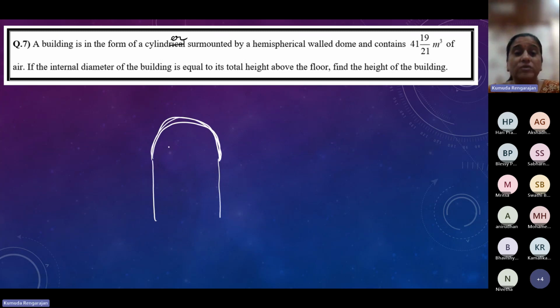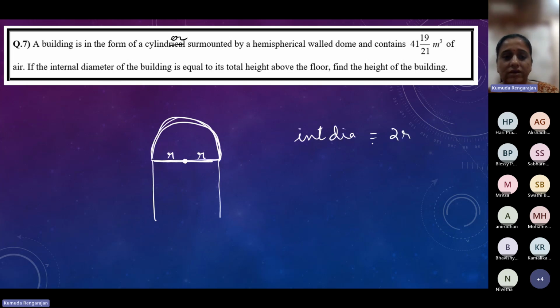So let's call this diameter 2r. The internal diameter is 2r. Okay, now this is equal to the total height above the floor.